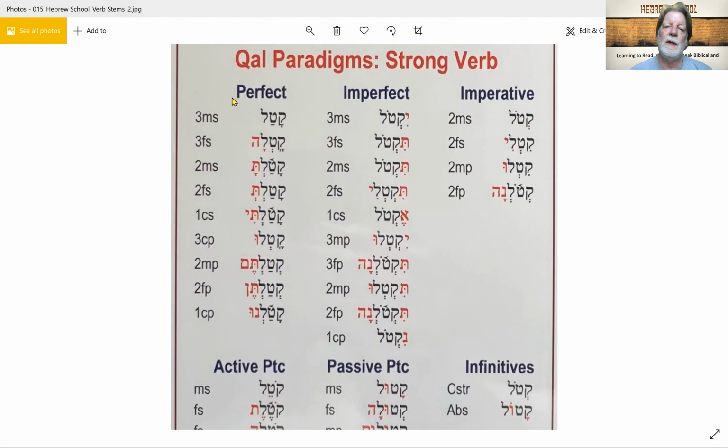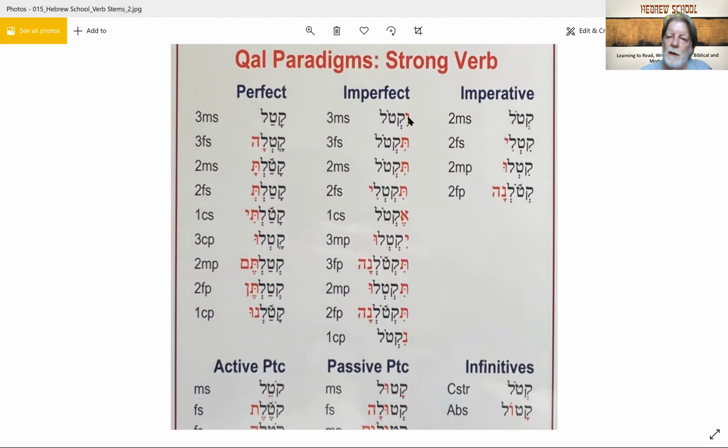So if you see a verb and it's got a suffix, it's probably a perfect. If you see a verb and it's got a prefix, like all of these do, it's probably imperfect, which means continuous or ongoing action. And there are a variety of these. Again, we've got all the different persons, we've got the gender, number, and person.